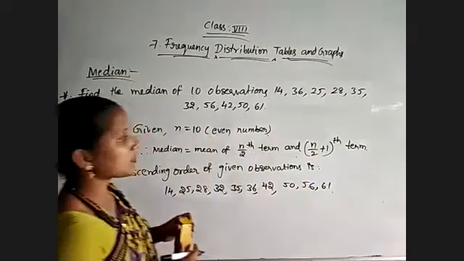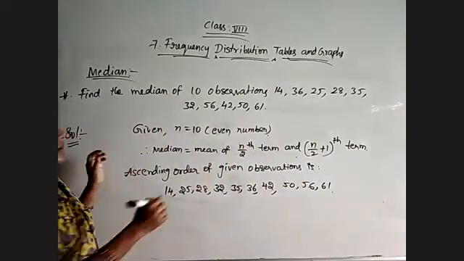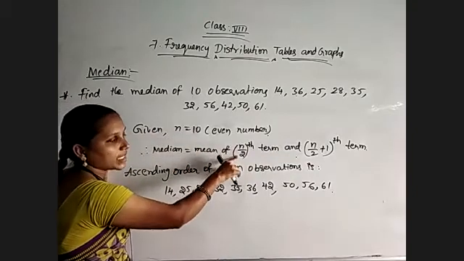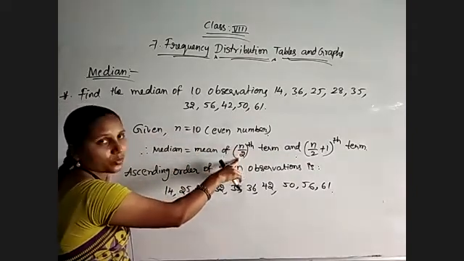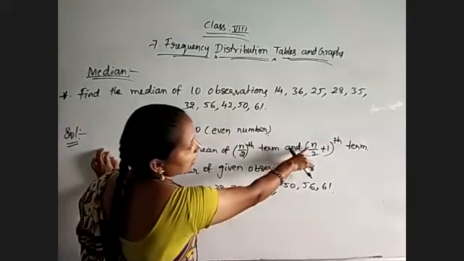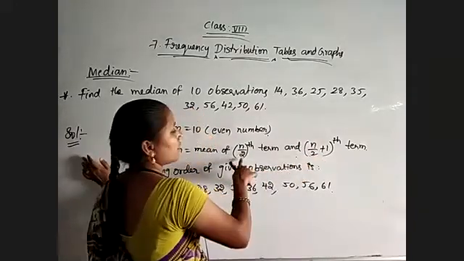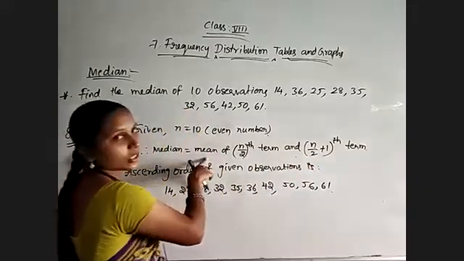That means just observe that the n value is 10. n by 2 means 10 by 2, the 5th term, and plus 1, the 6th term. The 5th term and 6th term, the mean we need to consider.